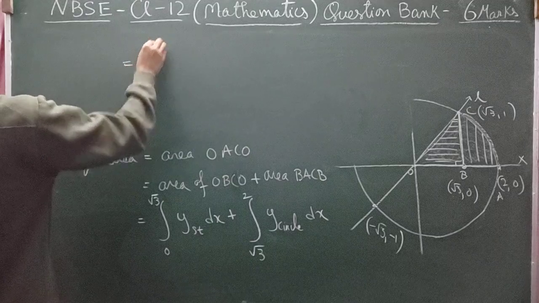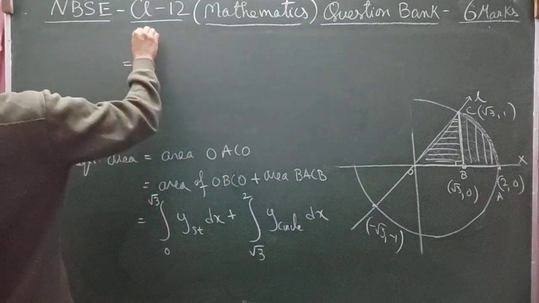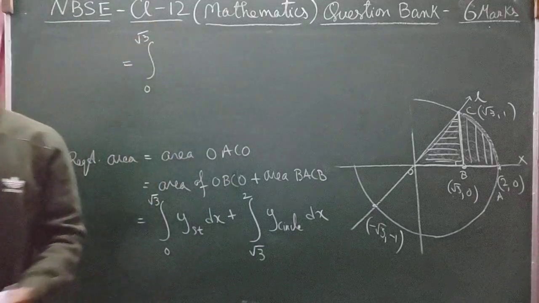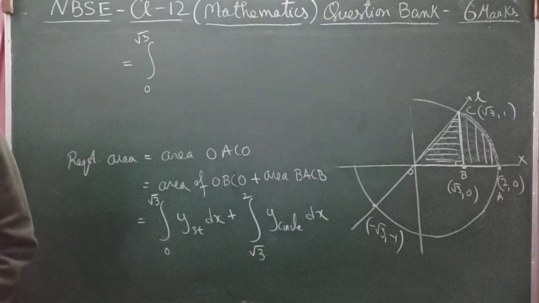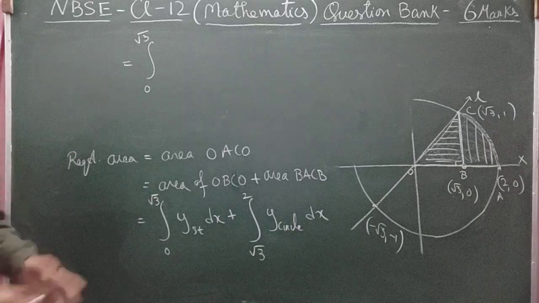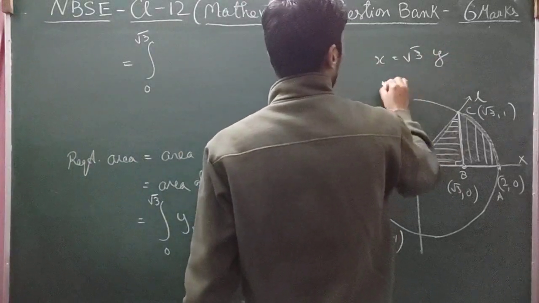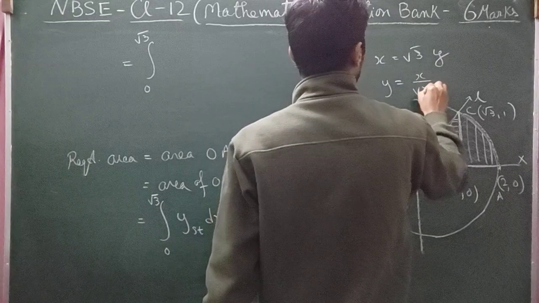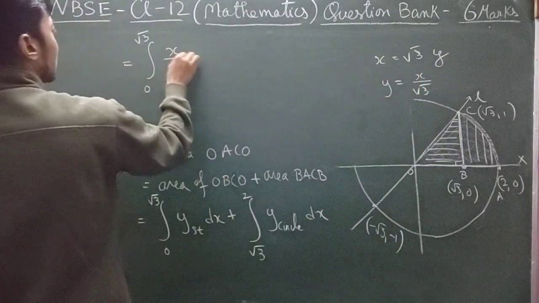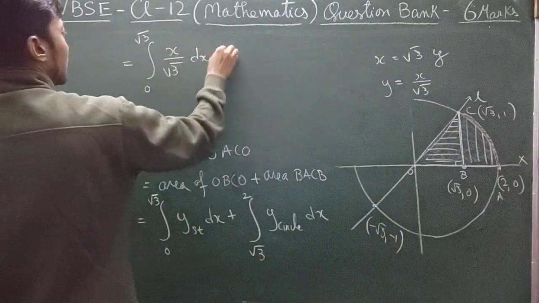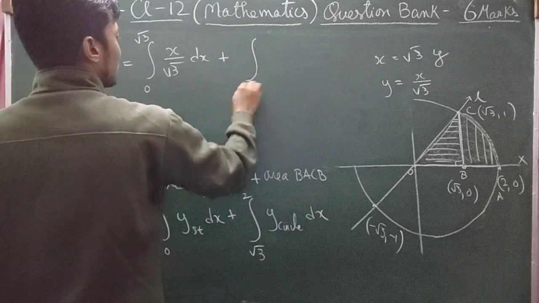So that will be 0 to root 3. What was the equation of the straight line? It was x equal to root 3 y. So y will be x by root 3, with respect to x, plus root 3 to 2.